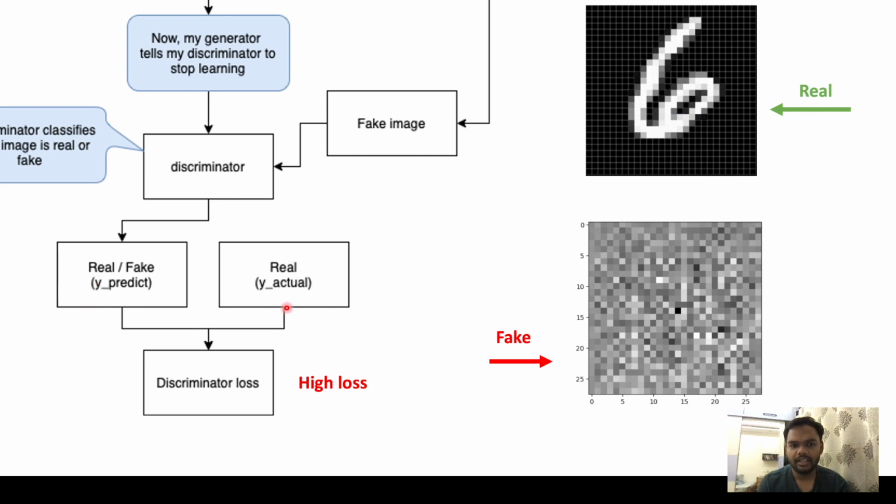And I know that ideally this fake image is supposed to be very realistic. When my model training is completely done, my generator should be able to generate images that are extremely realistic. So that would mean my y actual is a series of ones.